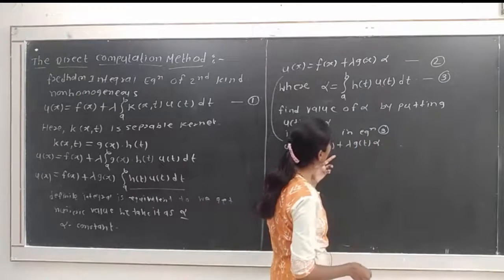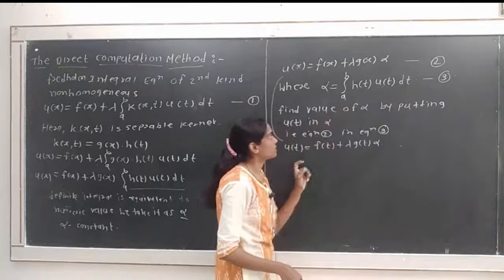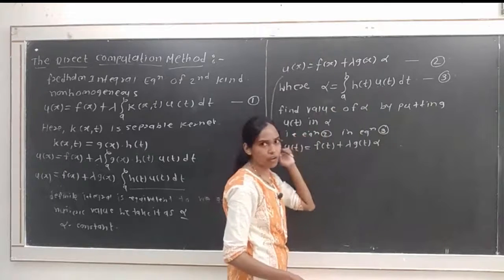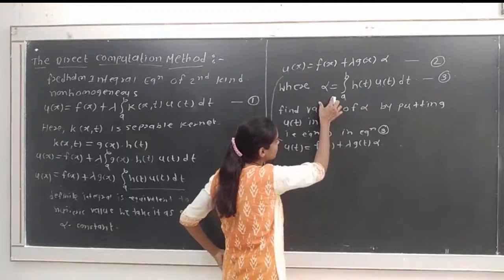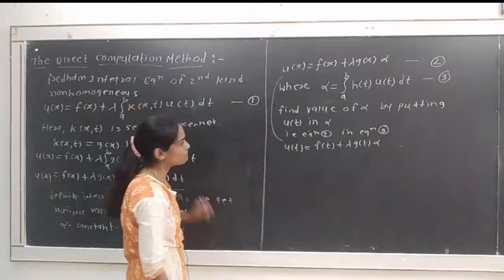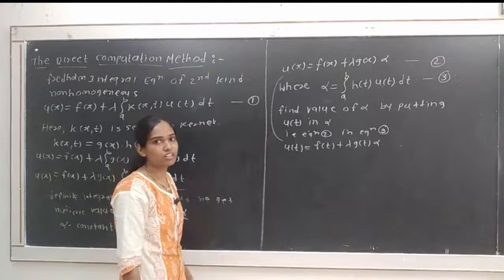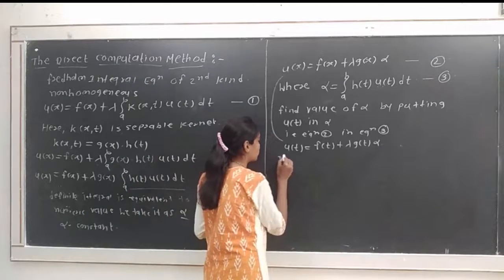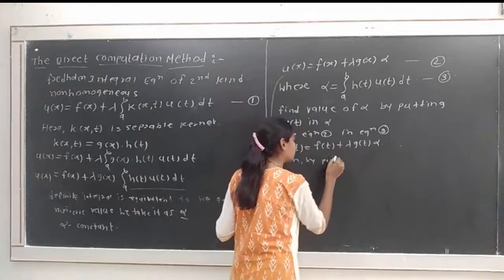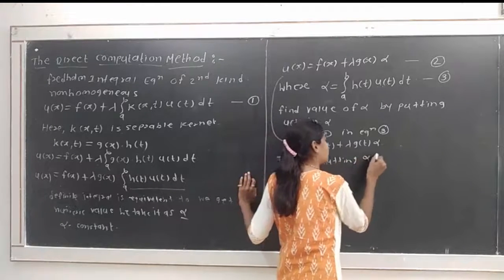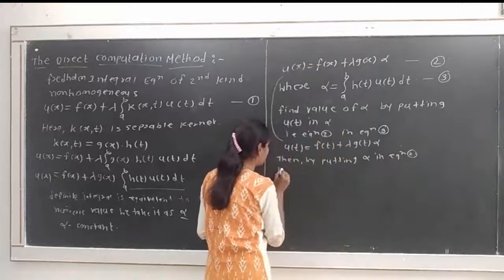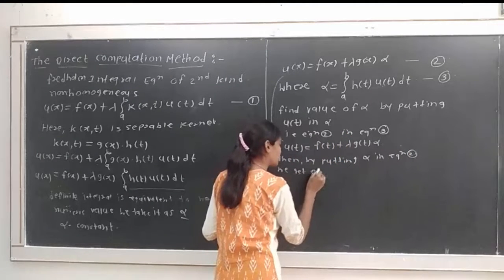If we put this value in equation number 3 and solve this integral, we get the value of alpha. Again, by putting this numeric value in equation number 2, we get the solution of the given non-homogeneous Fredholm integral equation of the second kind. So by putting alpha in equation number 2, we get the exact solution.